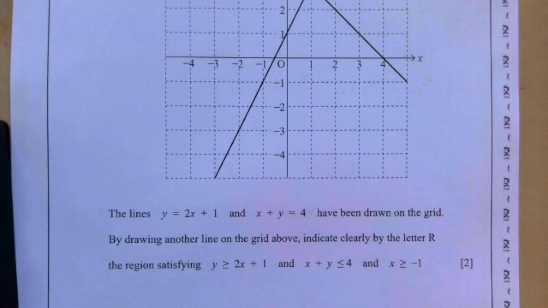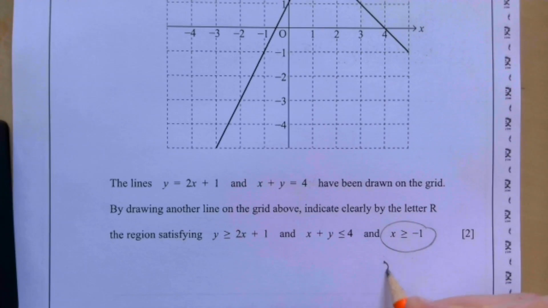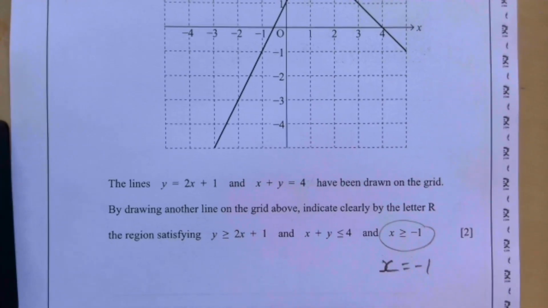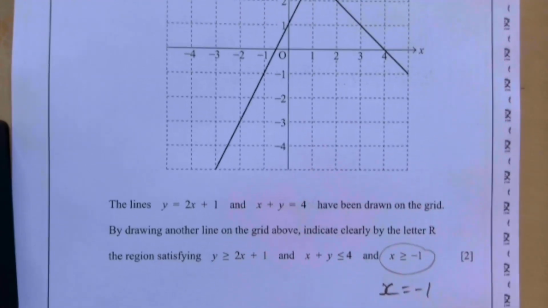So we need to draw on the line using this one here. That's going to be the line x equals minus 1. Let me see, it is going to be this line here.